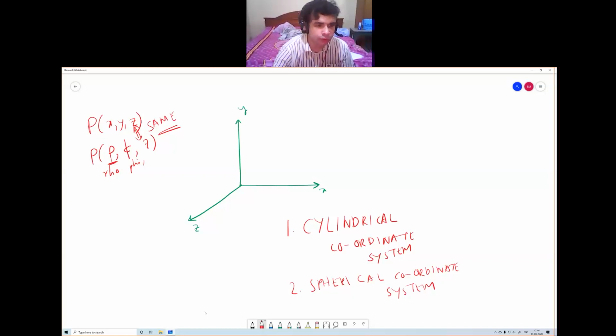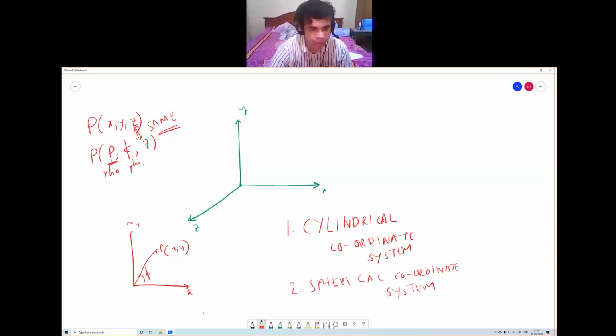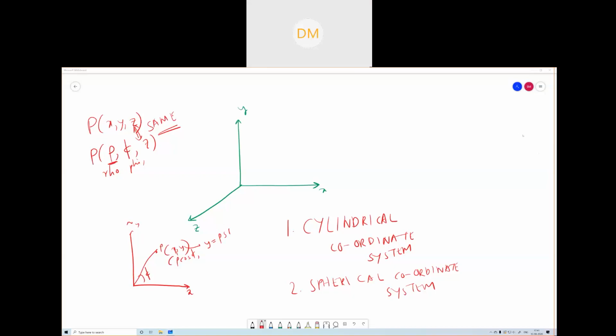For a 2D scenario, a point P is given as x, y. The same point can be given in this way: this angle is phi, and this distance is rho. x is rho cos phi, and y is rho sin phi.